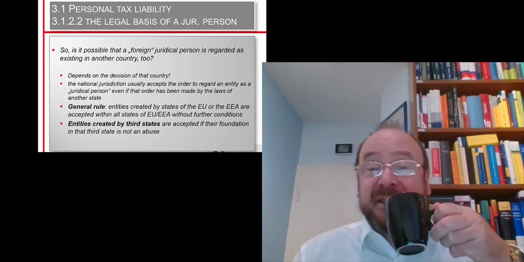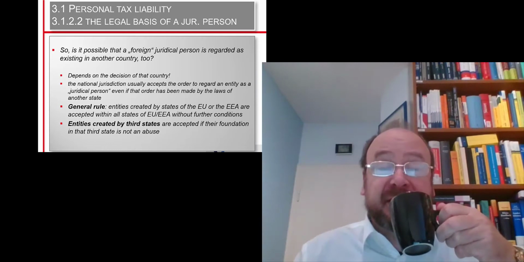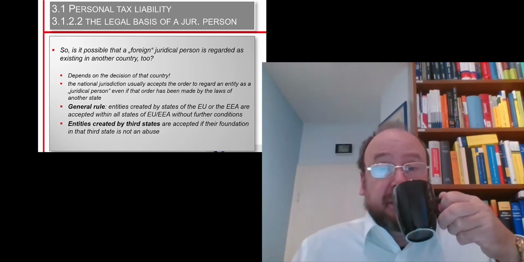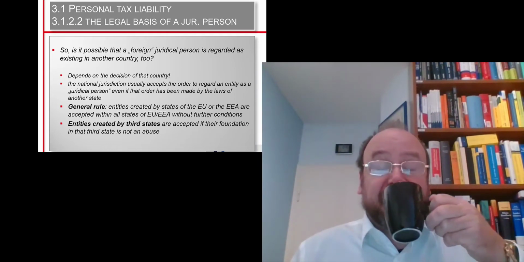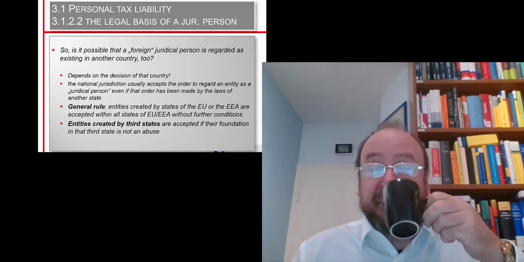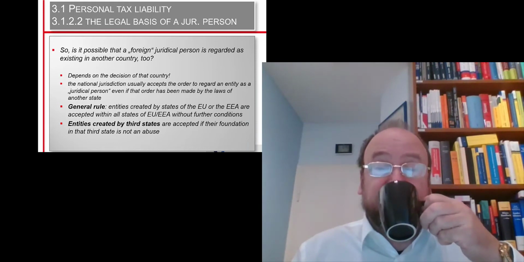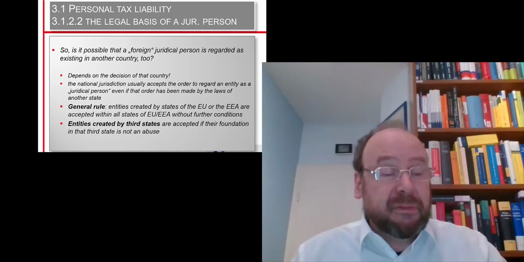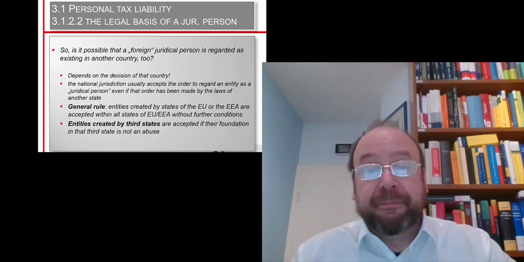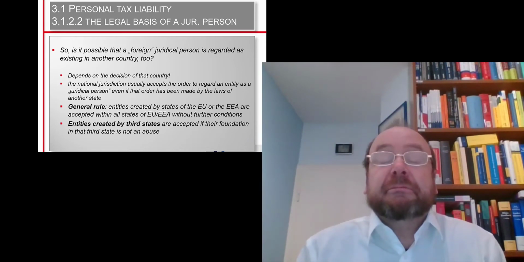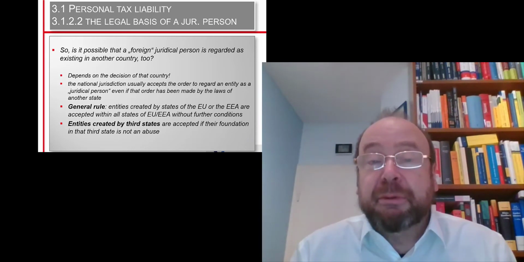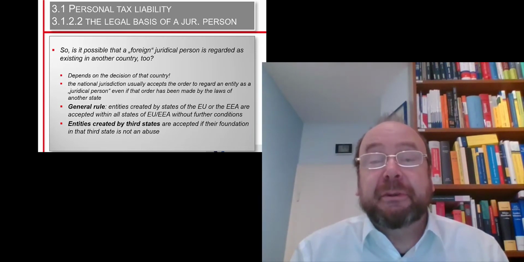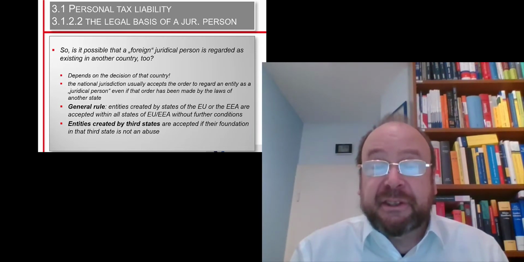We could also say, no, Microsoft Corporation does not exist as a person, so we look through and say all the shareholders are just acting together. This is treated as a partnership. Usually we don't do that. The most common approach is that states usually accept the decision of other states.